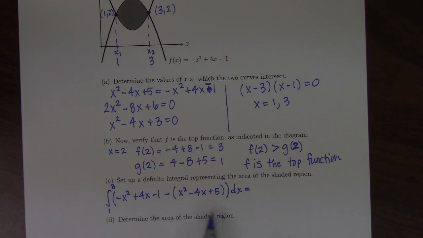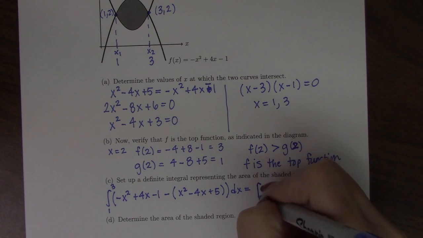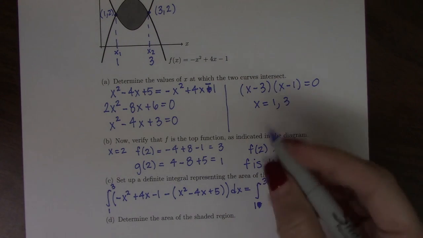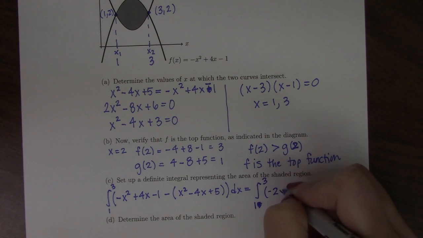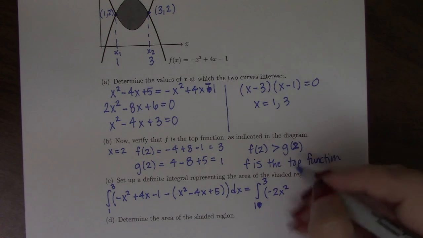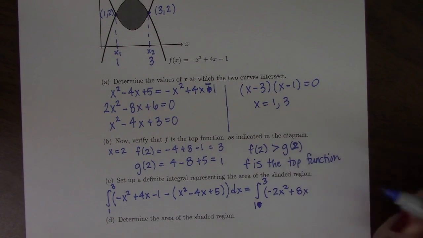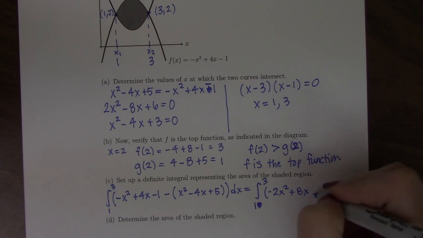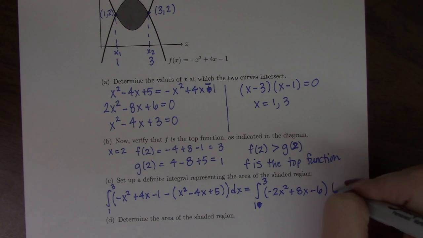So now I'm going to simplify this by combining like terms. Oops, it's 1. So negative x squared minus x squared is negative 2x squared. 4x plus 4x is 8x. And negative 1 minus 5 is negative 6.